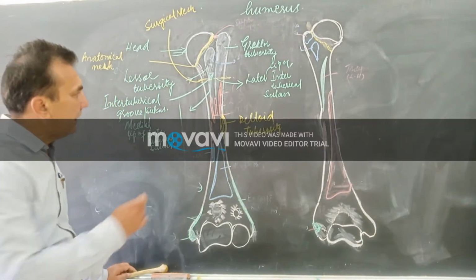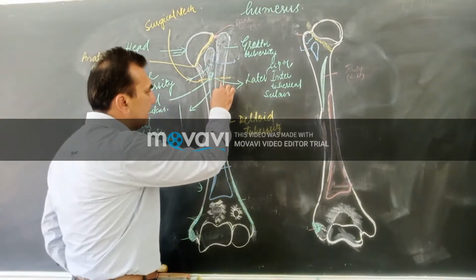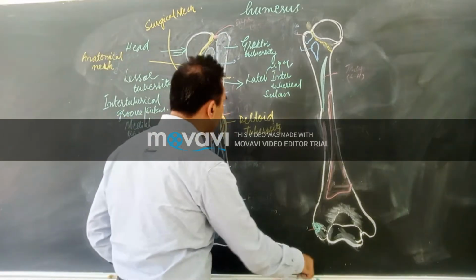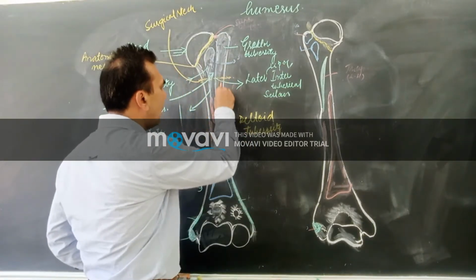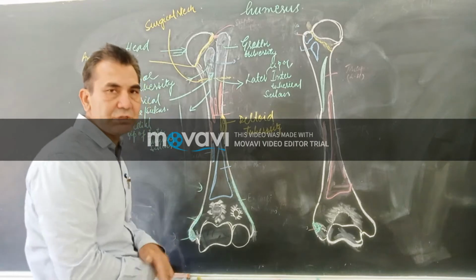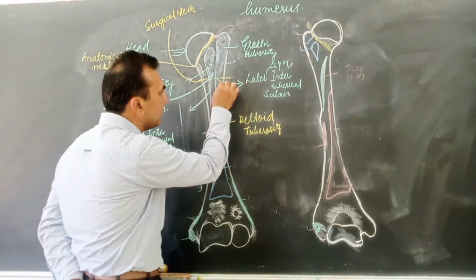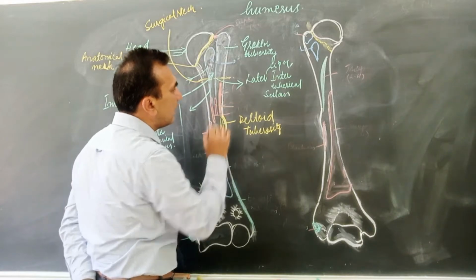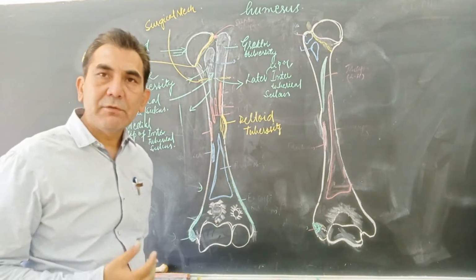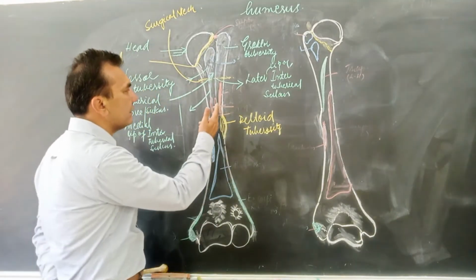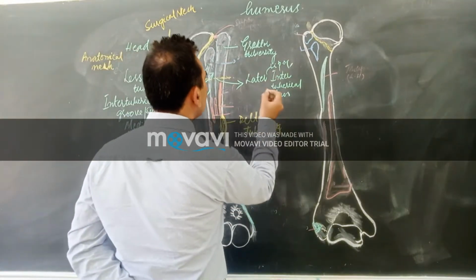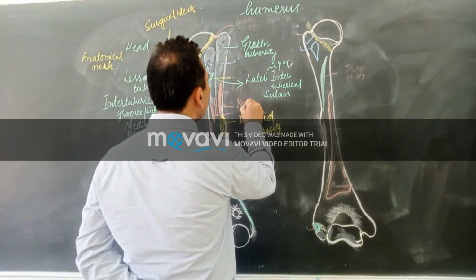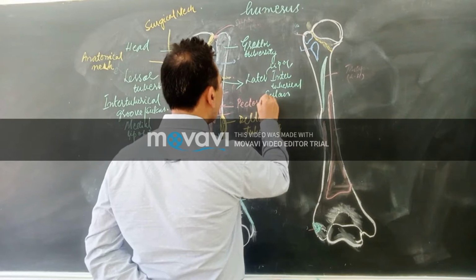If you see over here, just above the deltoid tuberosity on the lateral surface is an articular facet. This is the articular facet for the pectoralis major muscle.